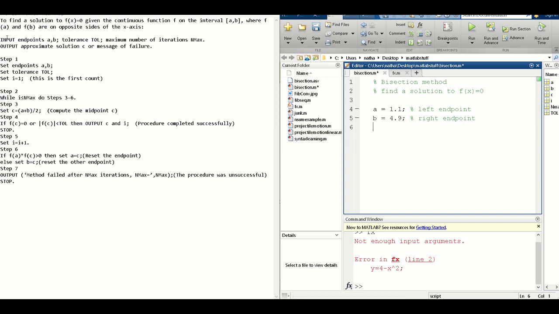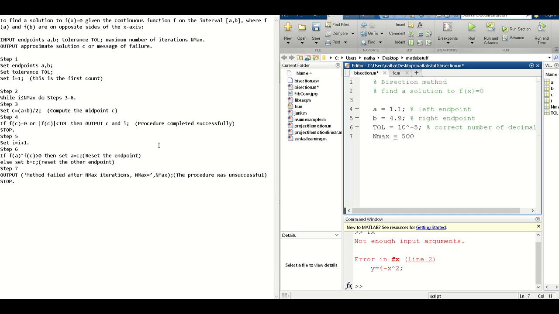Okay, so the other thing we need to do is set up our tolerance. So this is going to be our accuracy. So this is going to be our correct number of decimals, I guess. Okay, and then we're going to want n max, which is going to be the maximum number of iterations.